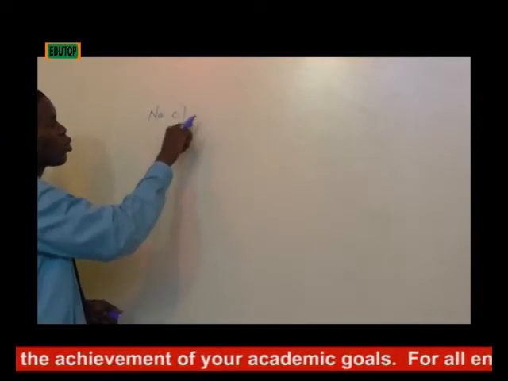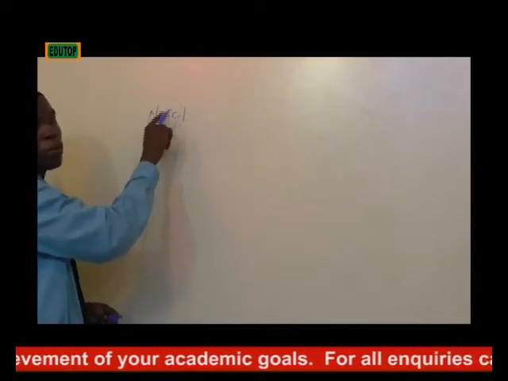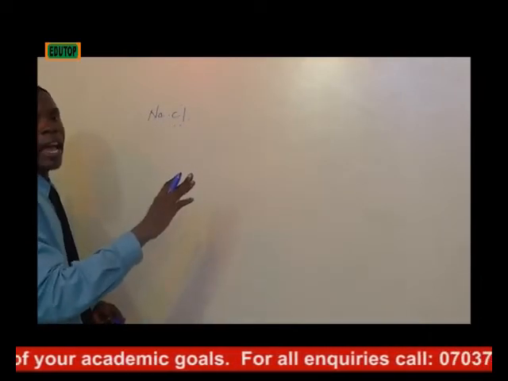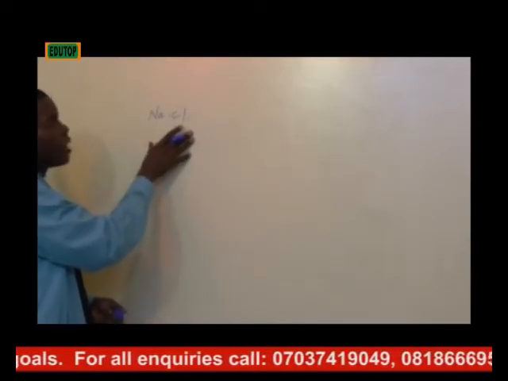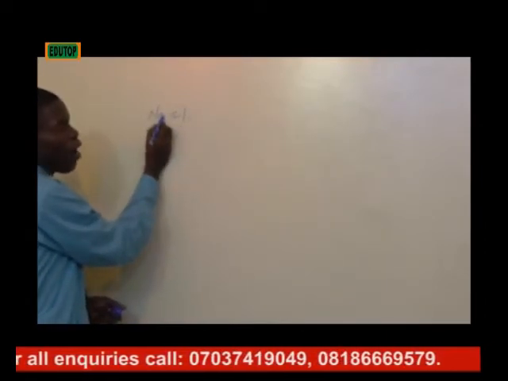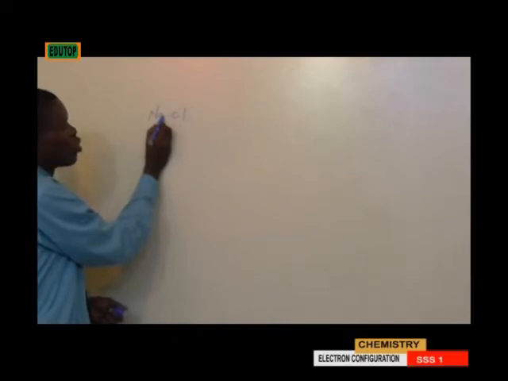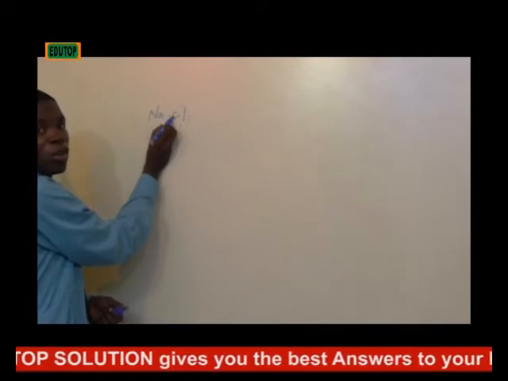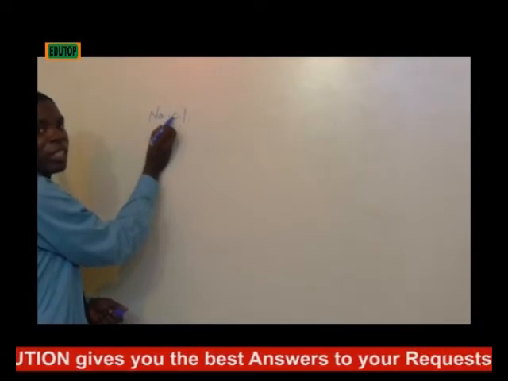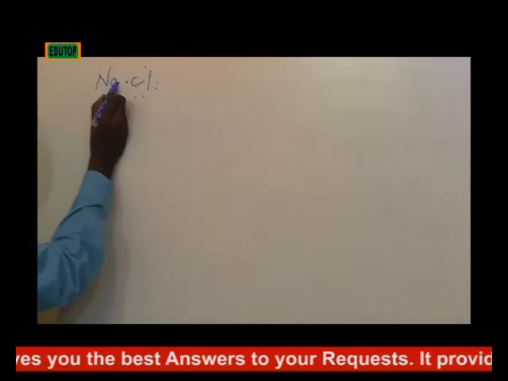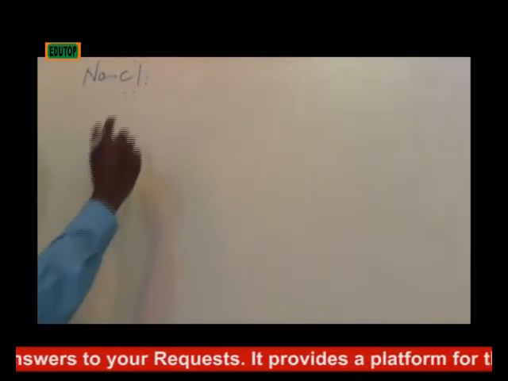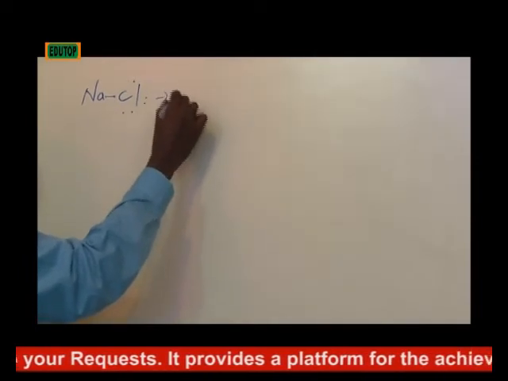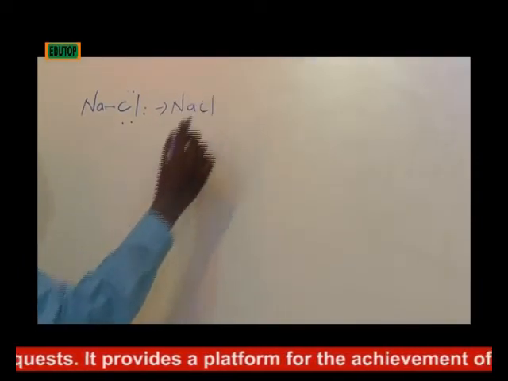This is 2, 2, 2, 6, 7 for chlorine. Here, the ionic bond that is being established is the transfer of this electron. This sodium transfers this electron to this chlorine, which accepts the electron to form a bond. So the bond formed here is what is referred to as ionic bond.